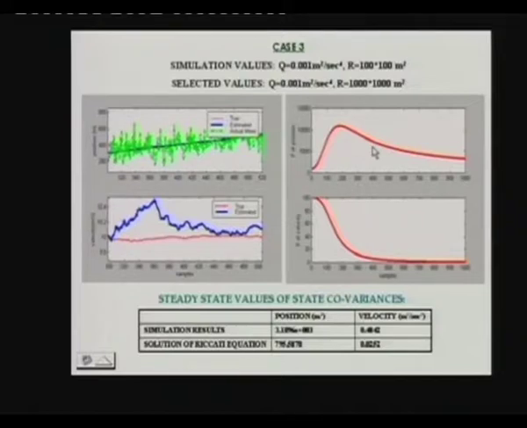Now the convergence pattern has become much slower. The filter does not converge. Why? Because the filter knows that there is so much error in measurements. See, the filter works on two things. It works on the knowledge that you have given it, values of Q, R, A, B, etc., and the signal it is getting.